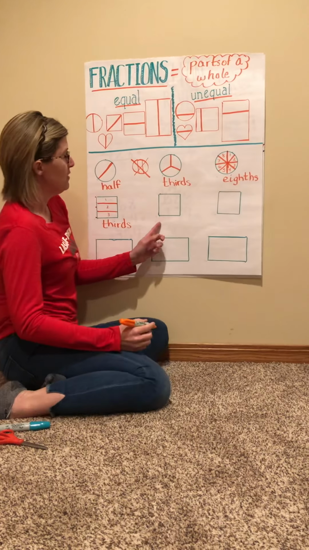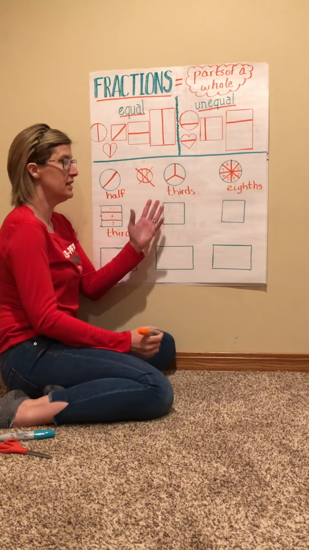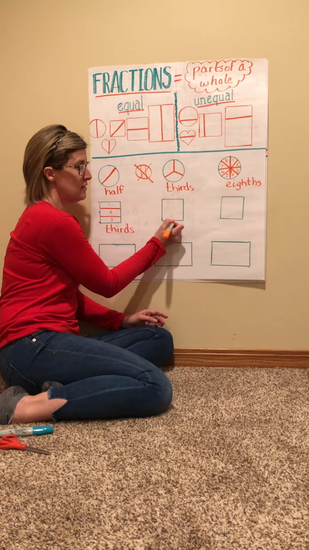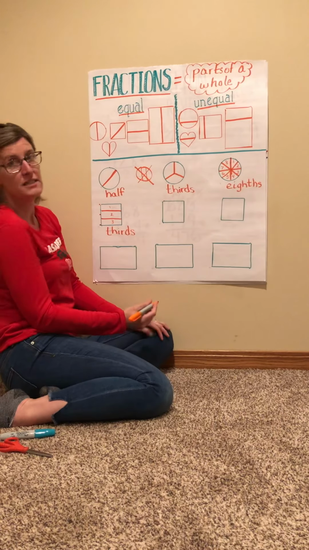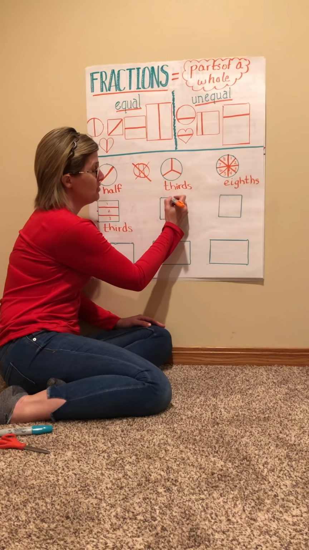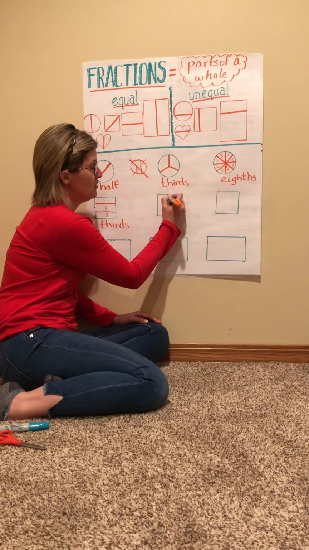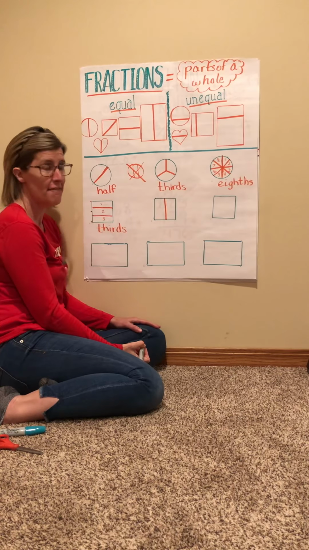Okay, now I'm going to divide this into fourths. An easy way to do it would be down and across, okay? But I'm going to show you a different way this time. I'm going to start straight down the middle. So it looks like I've got that split in half.